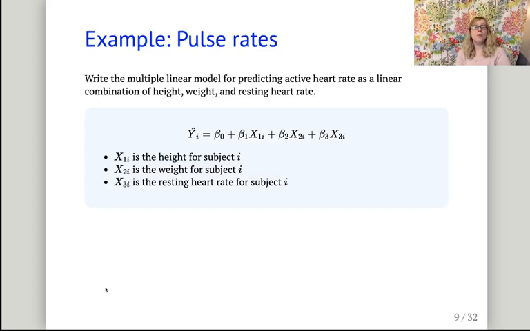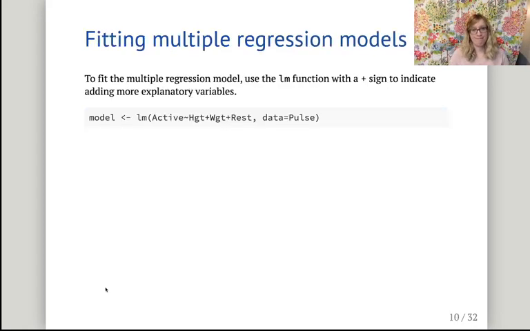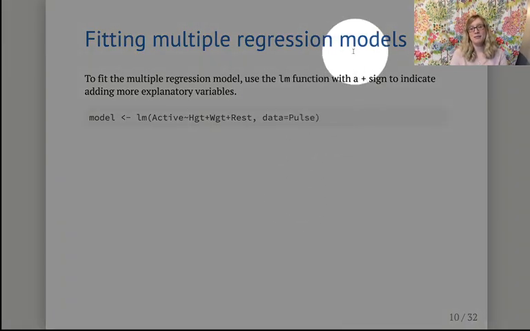So let's write our multiple linear regression model. Our predicted active heart rate, y hat, is beta 0, some basic intercept term, plus beta 1 times x1, plus beta 2 times x2, plus beta 3 times x3. To fit this multiple regression model in R, we use a plus sign to simply add more variables to our model.